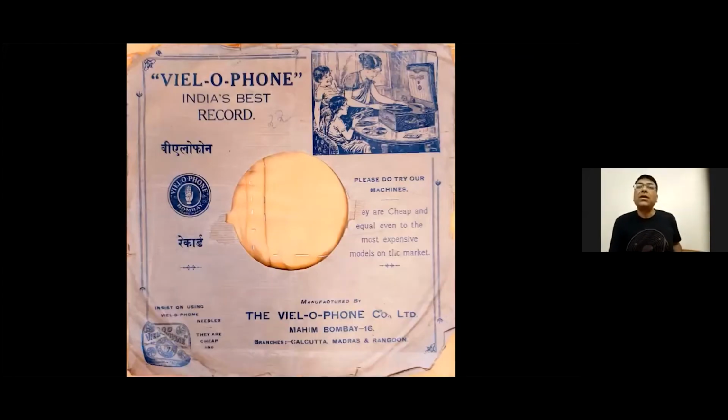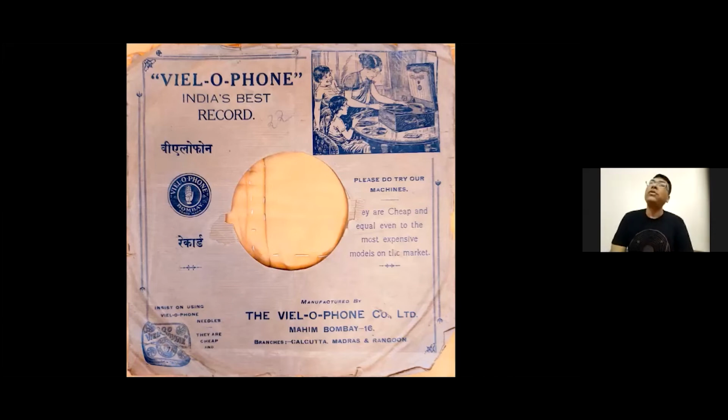You can see on the jacket, the record jacket of the Revolving record, nice graphic of the family enjoying records for children, records for adults. At the bottom, there is a needle box. There is also the monogram of Revolving records. And the company is just growing stronger, much to the disdain of Gramophone Company of India.